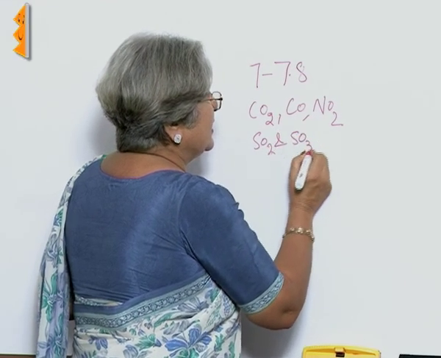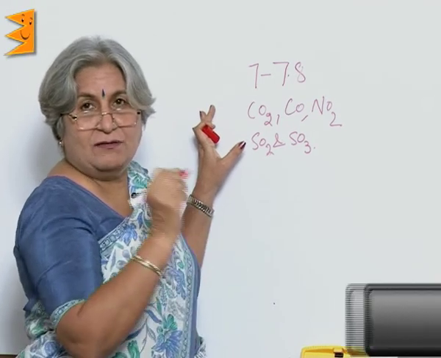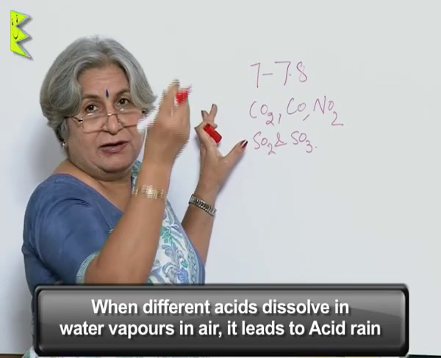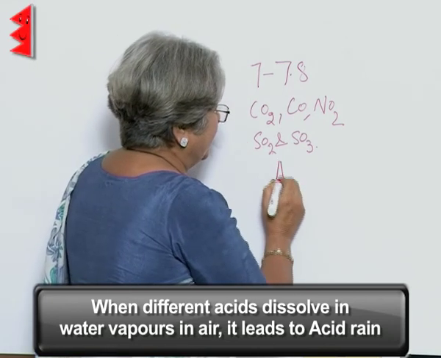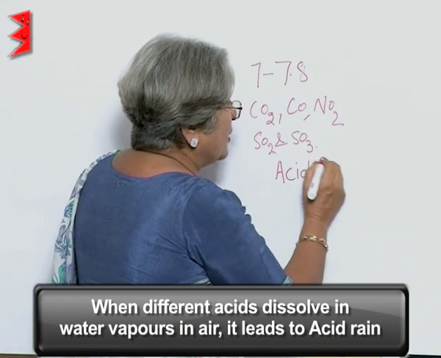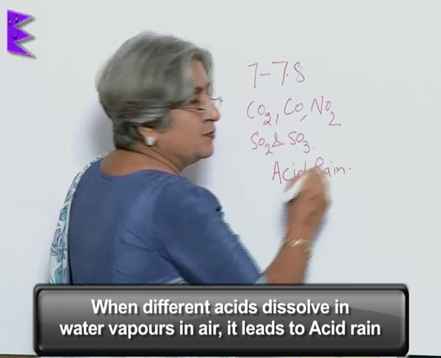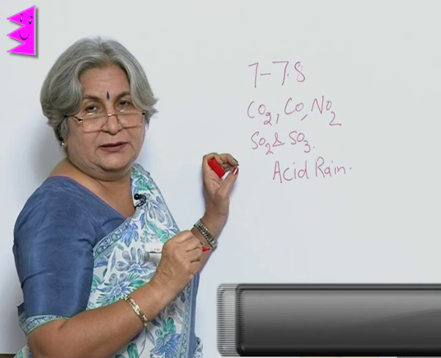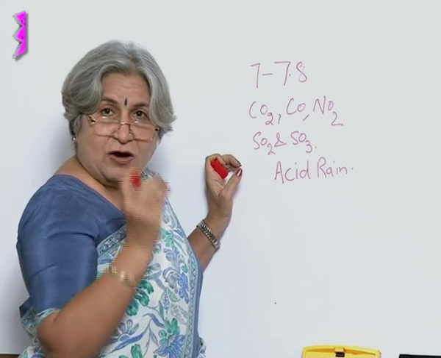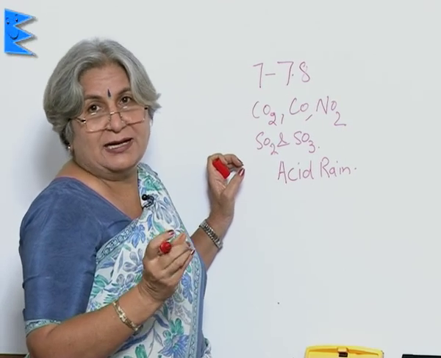These acidic oxides, when they dissolve in water vapors, then the rain that comes is not pure water, it is acid rain.